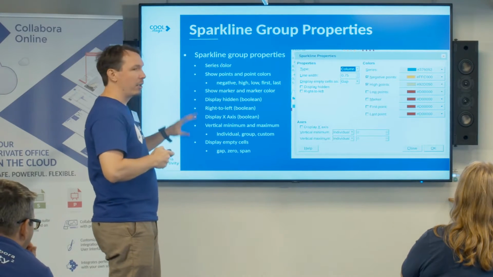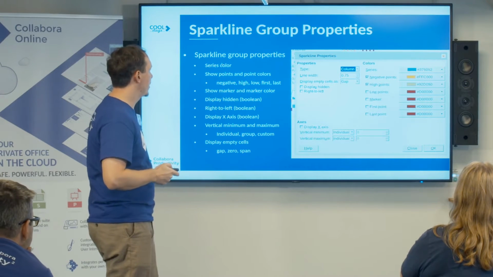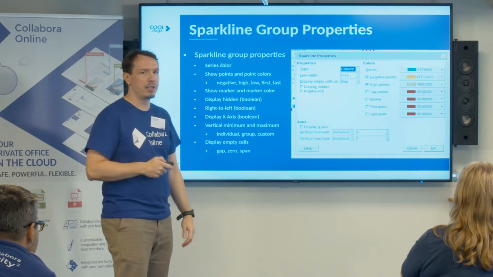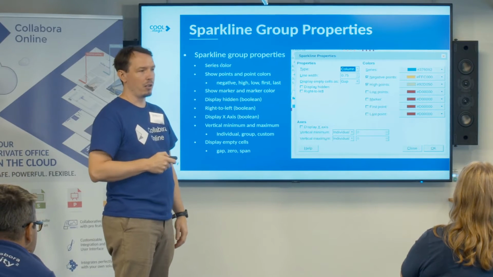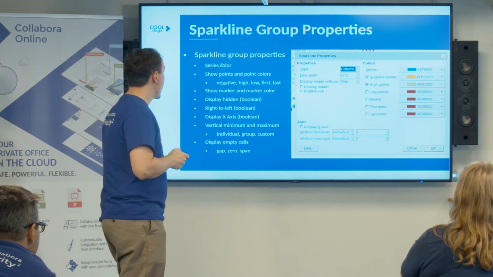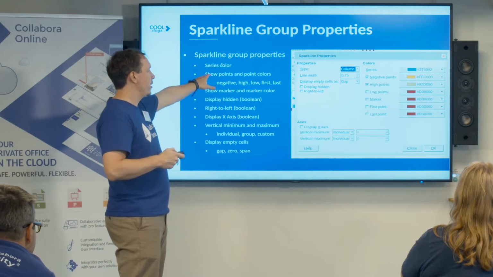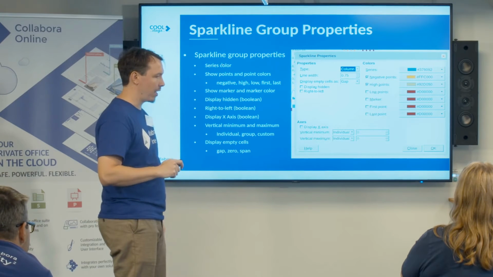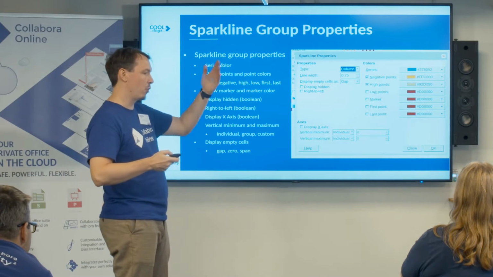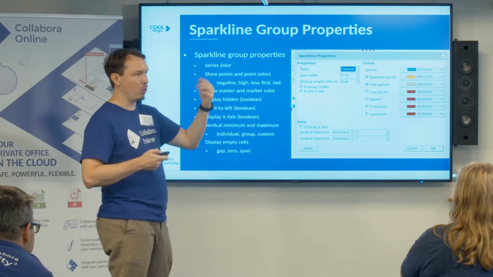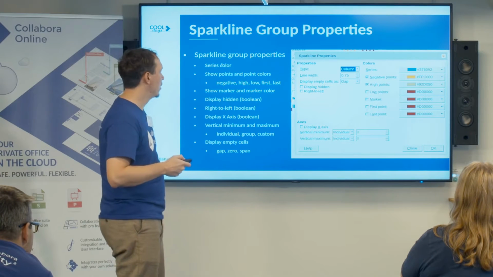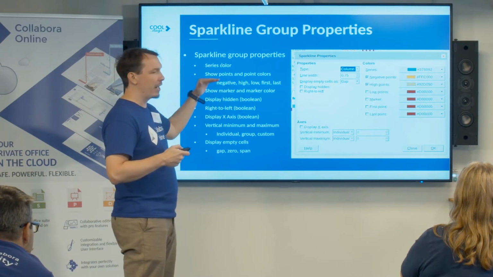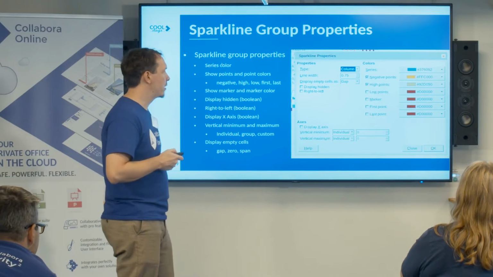Each Sparkline group has properties, and this is the easiest to see inside the dialog for the Sparkline group. You can change the color of the series, which in a column type would be the column bar color, or the line color. Then you can enable various points.